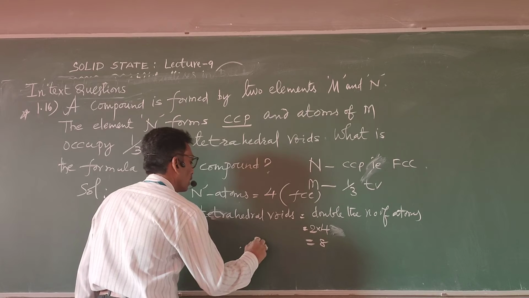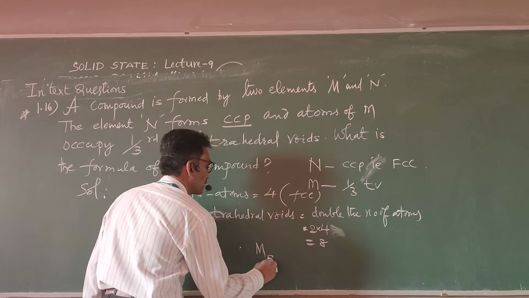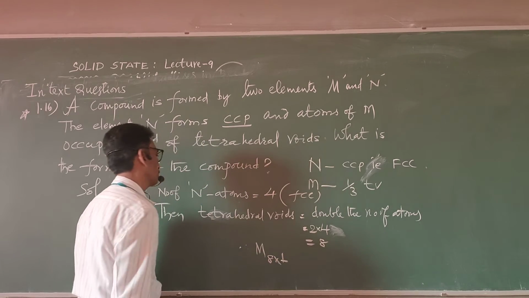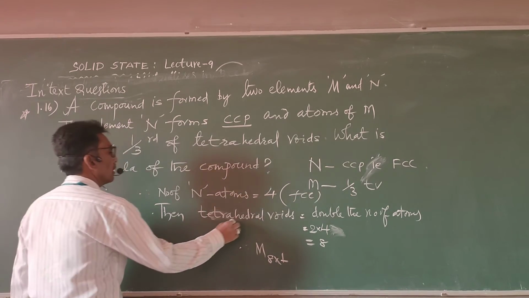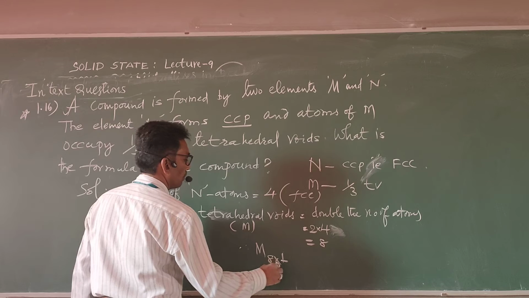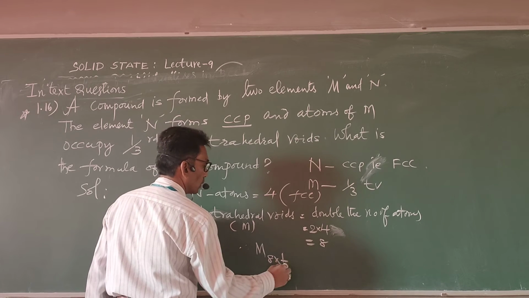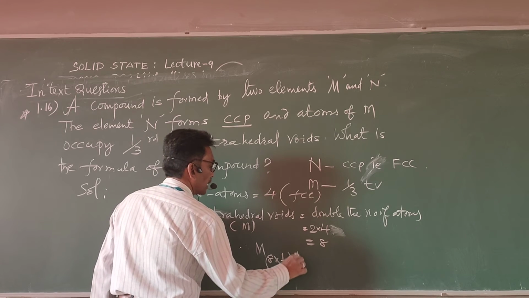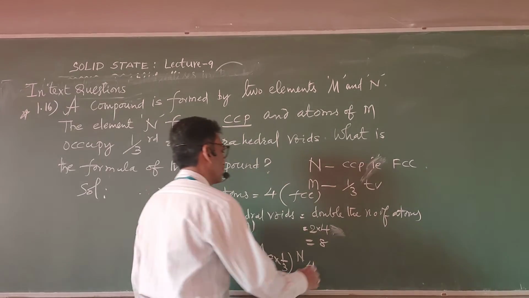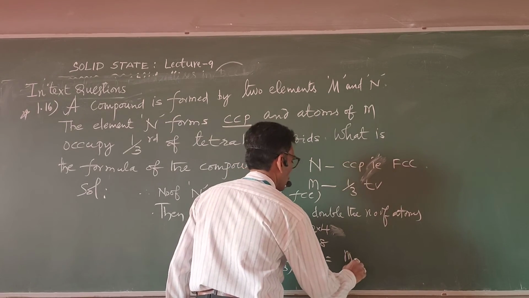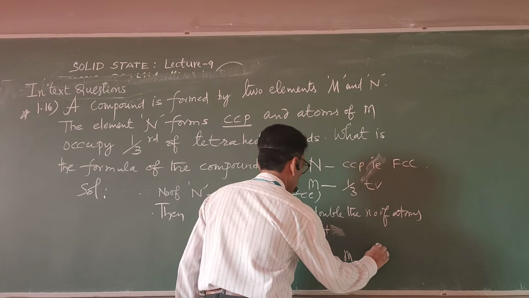Therefore, M is 8 into 1 by 3, which are occupying. This is M. M has 8 available, but only 1/3 occupied, and N is 4. The formula becomes M 8 by 3 and N 4.